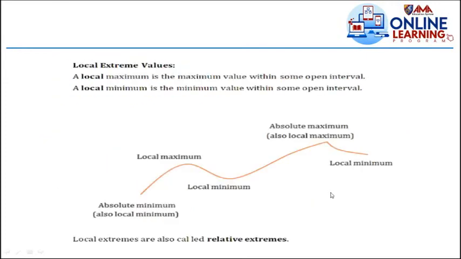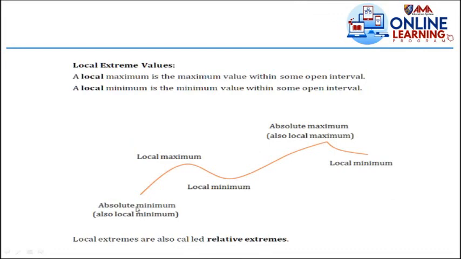So next we have your D, local extreme values. A local maximum is the maximum value within some open interval. A local minimum is the minimum value within some open interval. Okay? So local extreme are also called relative extreme.